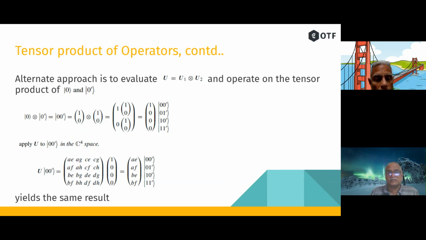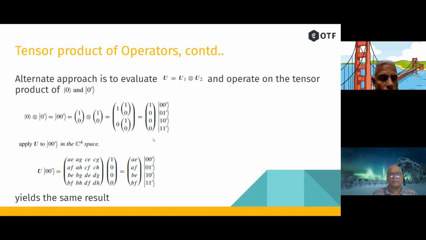Okay, so yet another alternate approach is directly taking this value and operating it on the tensor product directly of 0 and 0 prime. Right, so this is the third one. This is a direct approach. You take 0 and 0 prime, take the tensor product of these two, and that will realize what is called a ket 0 0 prime. And ket 0 0 prime is once again: you take the column vector for 0, the column vector for 1, calculate the tensor here, and just expand that.